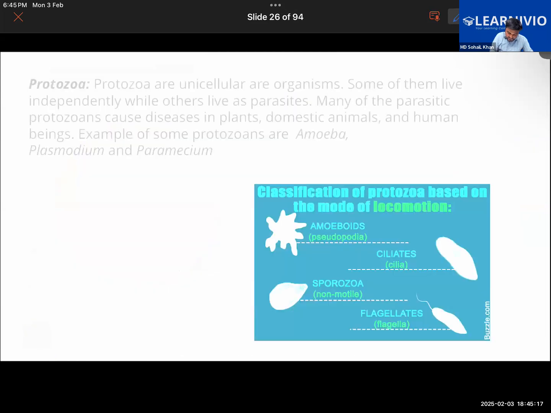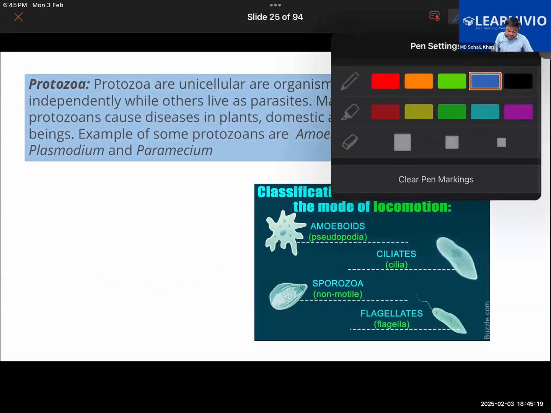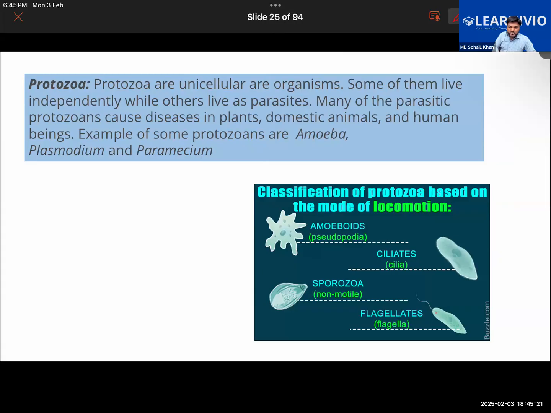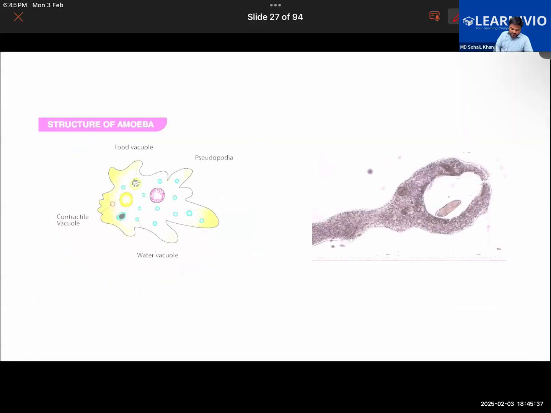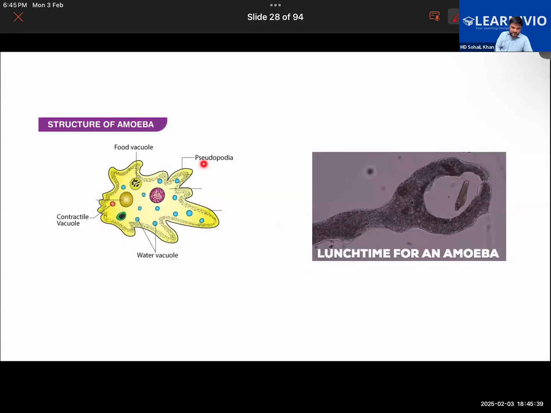So protozoa are unicellular in nature. Furthermore, many of the protozoa have leg-like structures. Not exactly legs, but structures that help them in locomotion. For example, we know that amoeba have false legs. What do we call the false leg of amoeba? That's the pseudopodia, isn't it?